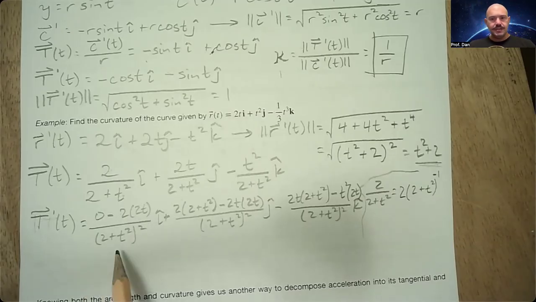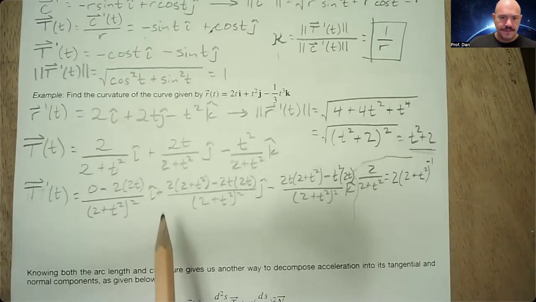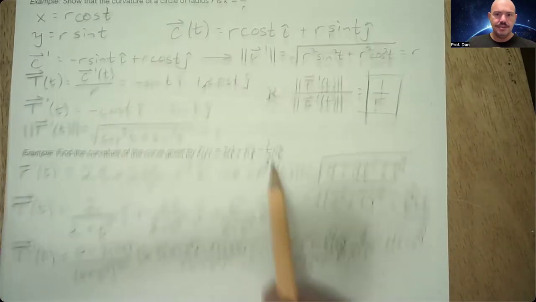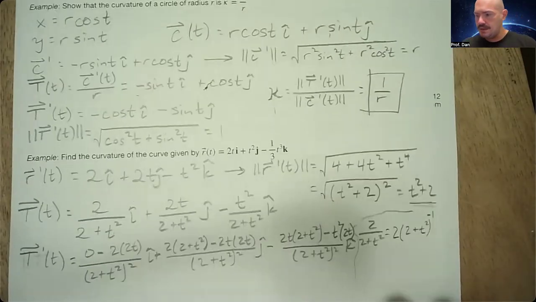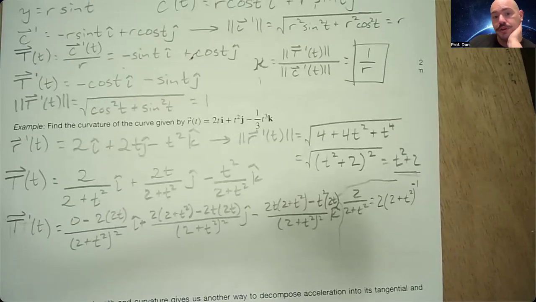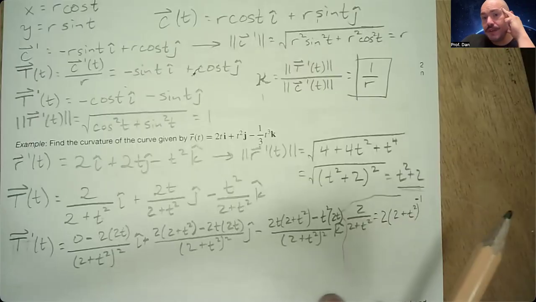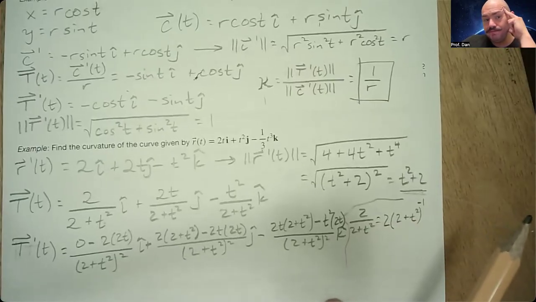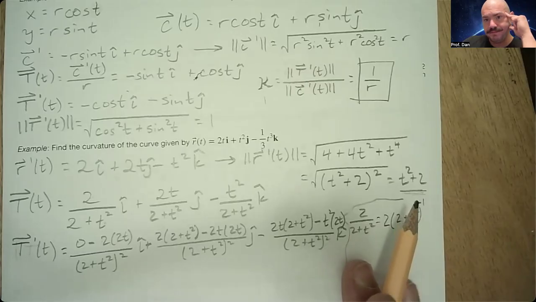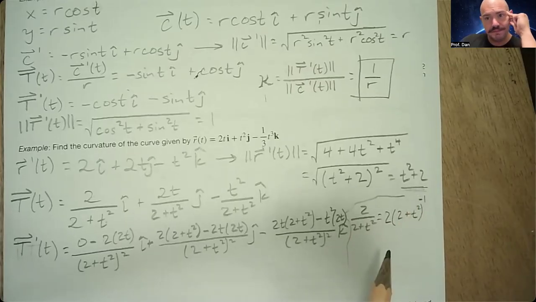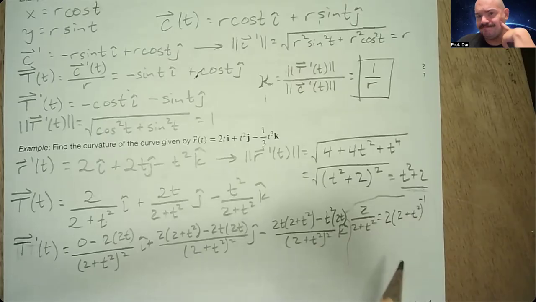And from there, we can actually go through and find the magnitude and use this formula for curvature. There's something I want you to think about, though, before we get into doing all that work. How did we find arc length? We took the integral of the magnitude of r prime.